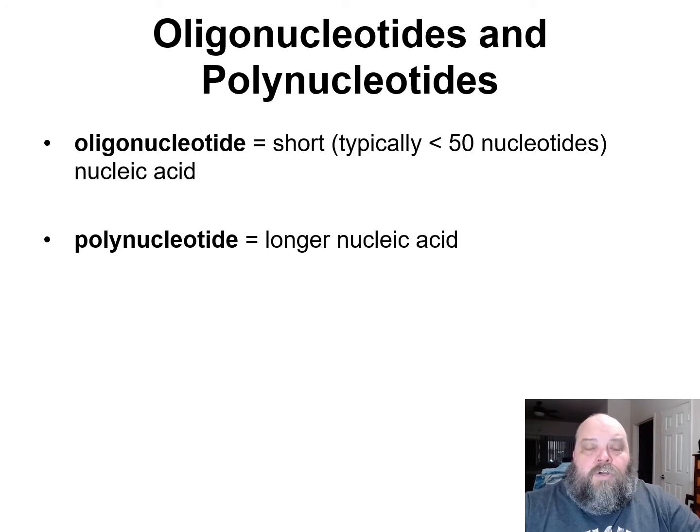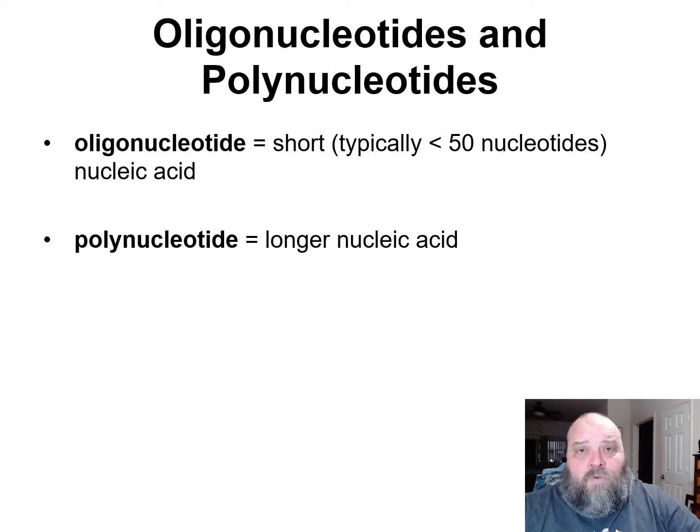You also see the terms tossed around, oligonucleotide and polynucleotide. If it's less than 50 nucleotides in length, we call that an oligonucleotide. These will be anything from one to maybe three, four dozen at the most nucleotide sequences.